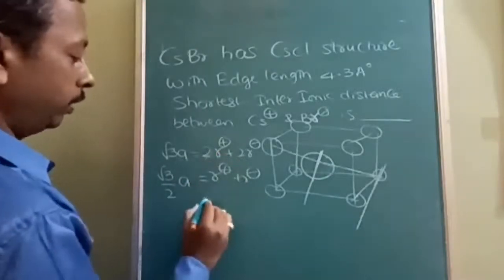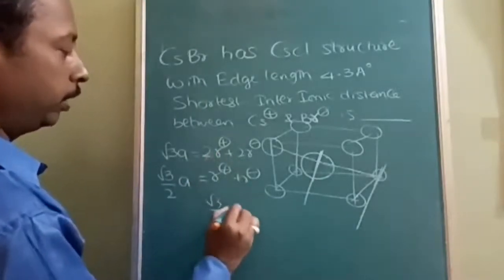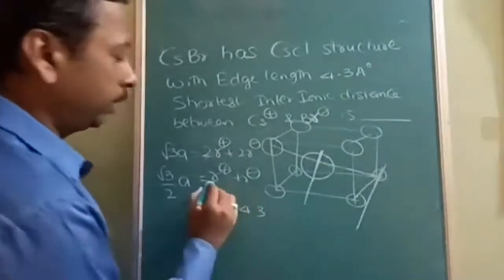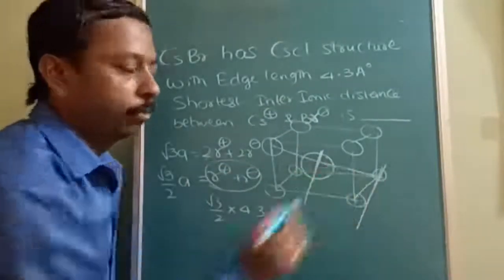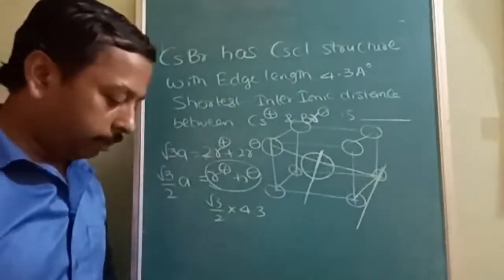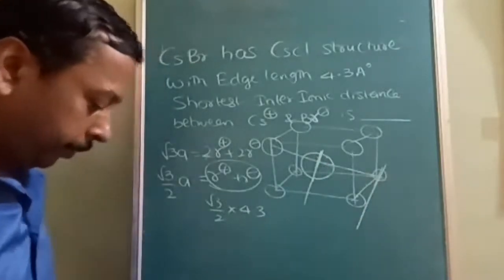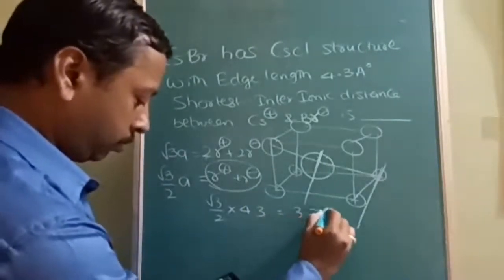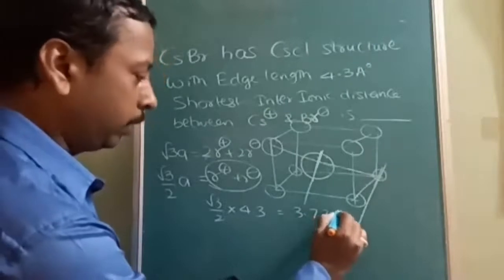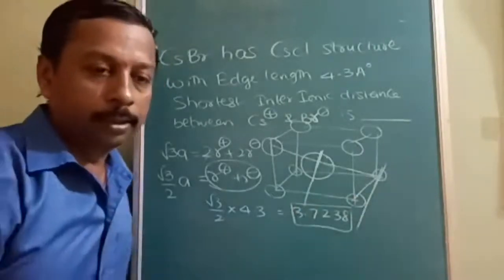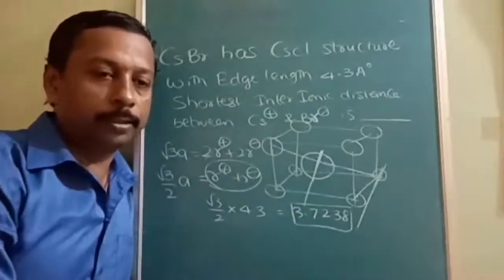So root 3 by 2 into A, with A as 4.3. This is the interionic distance from here to here. On simplifying, you will get 3.728. This is the exact answer. Is it understood?